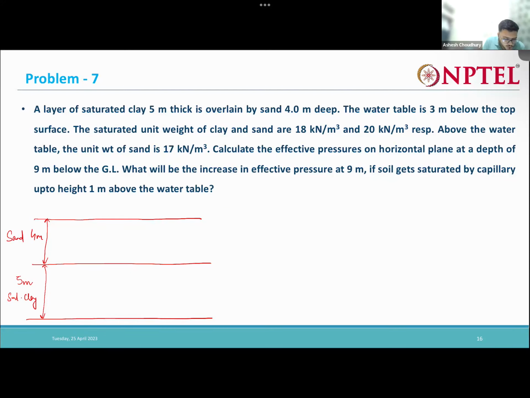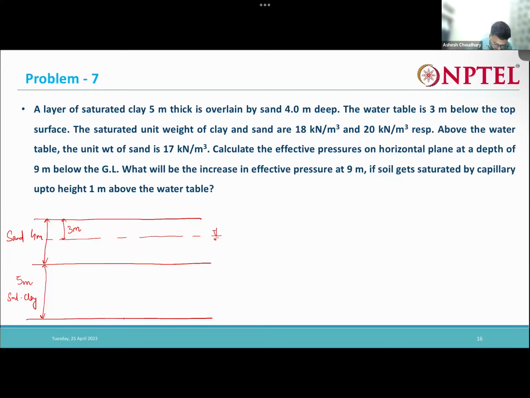The water table is 3 meters below, somewhere here. The saturated unit weights and everything are given, and the effective pressure is required at a depth of 9 meters below.